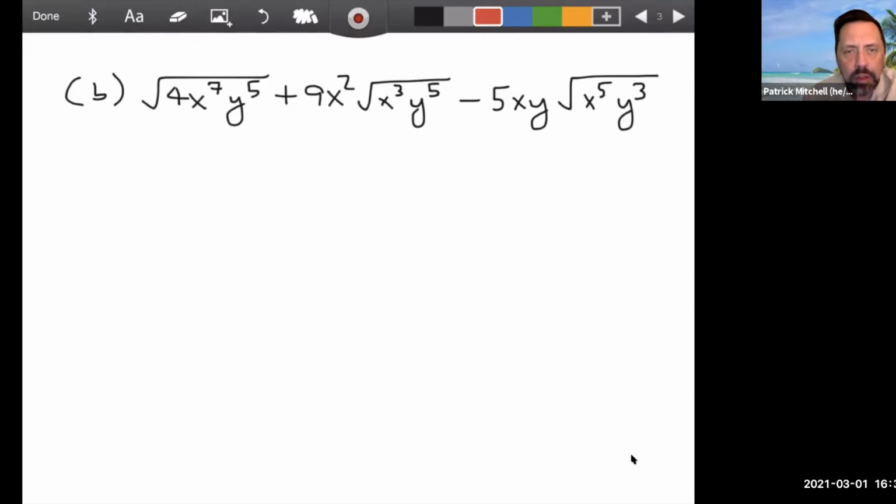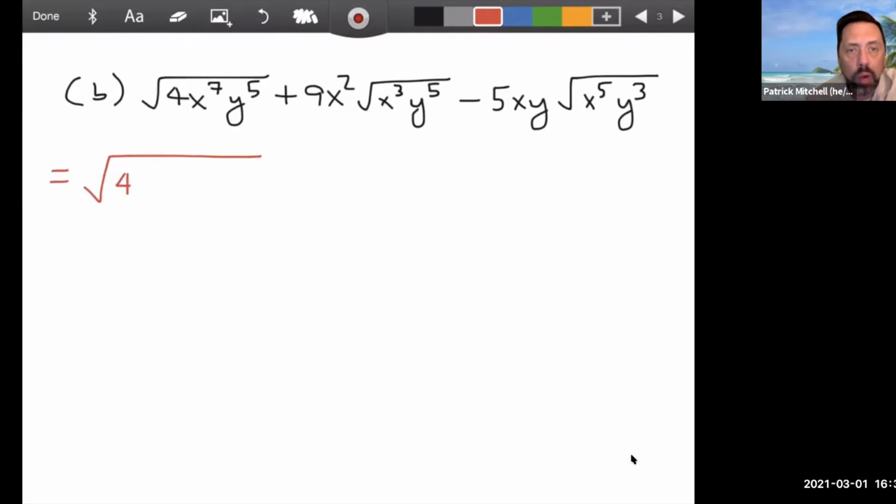All right, so this one looks a little more intense. Just remember, separate the perfect squares from the leftovers. All right, starting with the square root of 4x to the 7th, y to the 5th. I am going to put my 4 over here. And then you remember how it works with the powers of x and y.